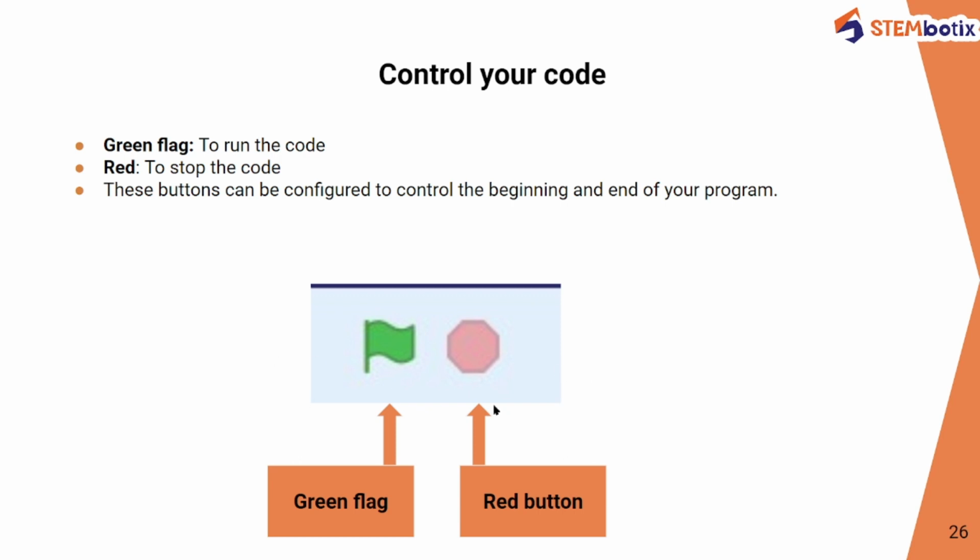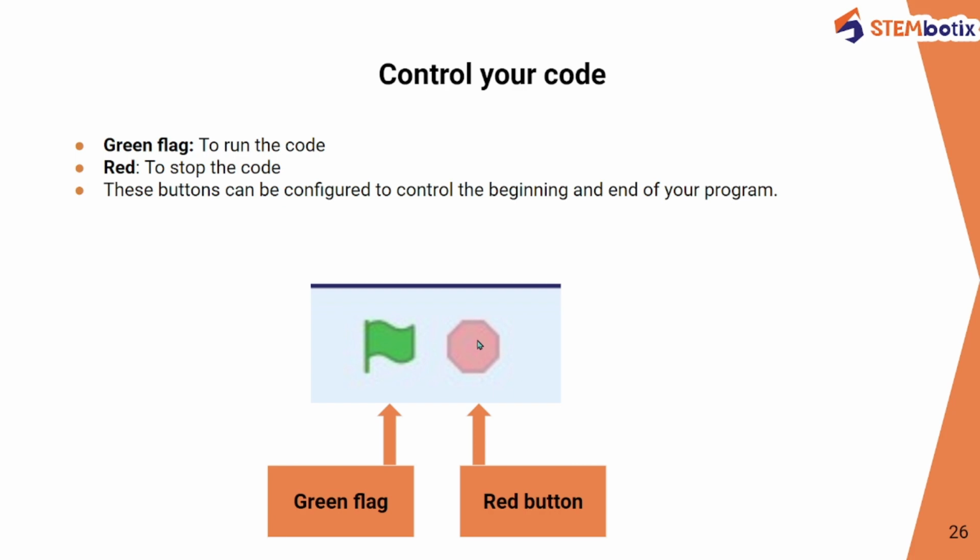You can consider these two as controlling buttons. These buttons can be configured to control the beginning and the end of the program. If you want to see the result, click onto it. If you want to stop, click onto it.